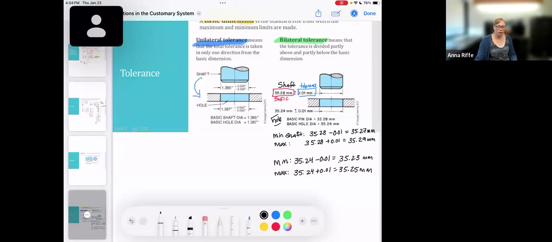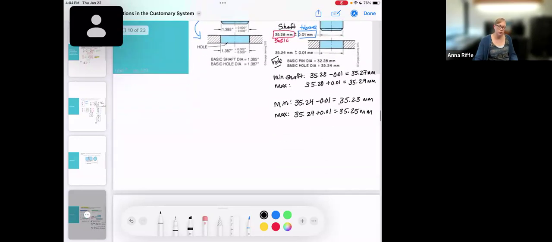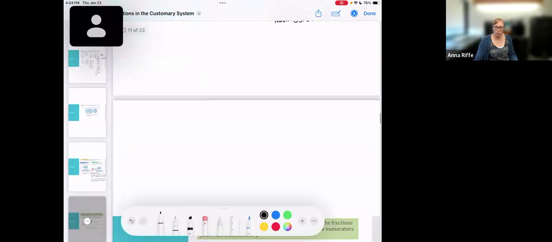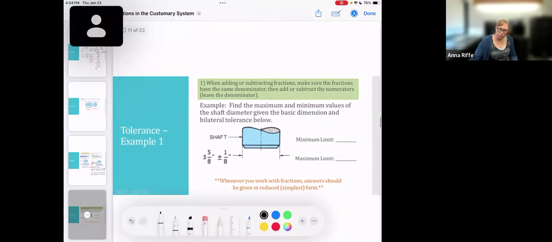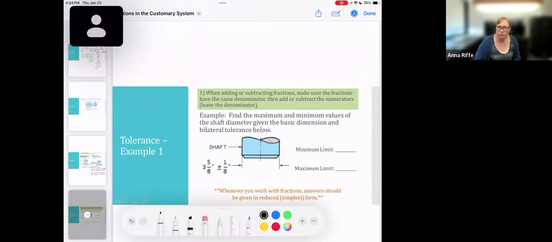So here the basic dimension and the tolerance are given in decimal form. Let's do some in fractional form since we're talking fractions. This will give us some practice on adding and subtracting fractions.